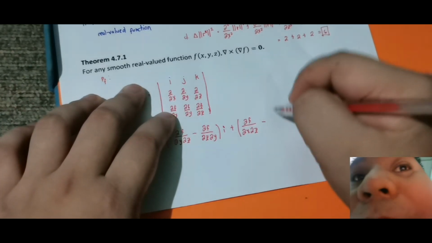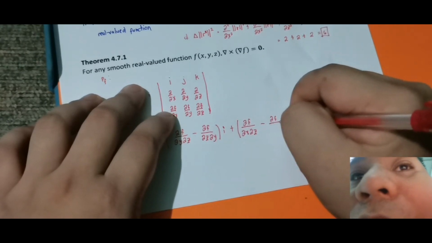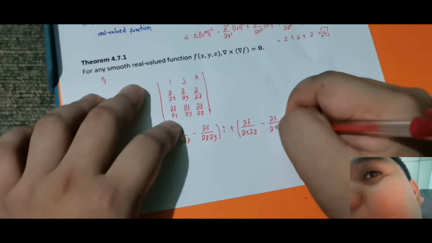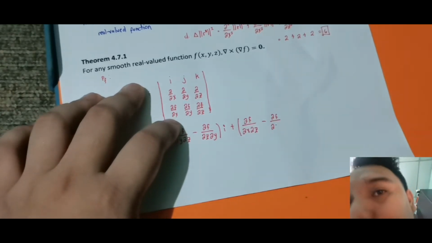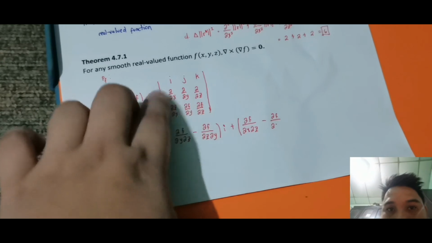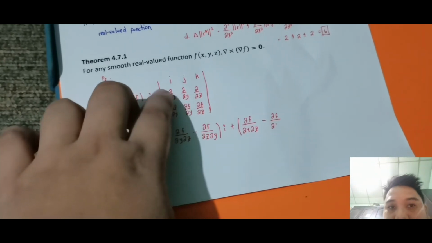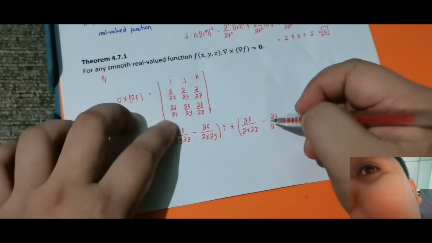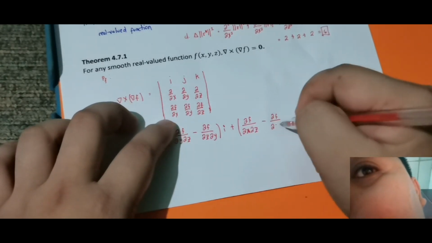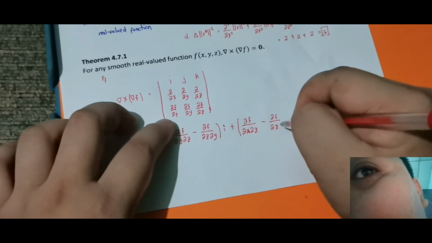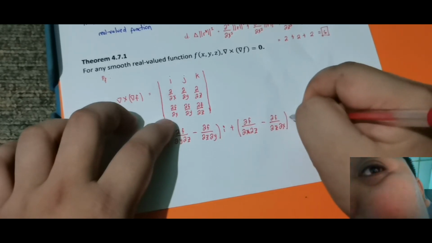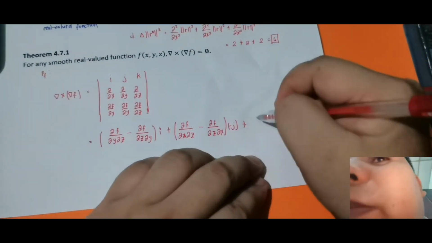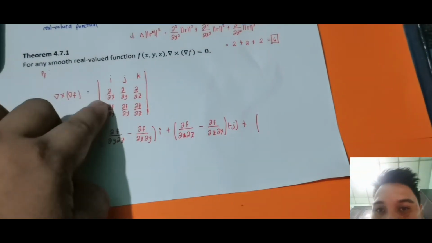So this is partial derivative of f with respect sa z, then partial derivative of z with respect sa y. So this is x then rather, this is z, then partial derivative of x.